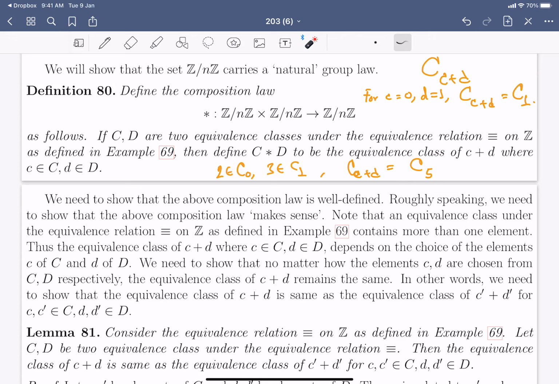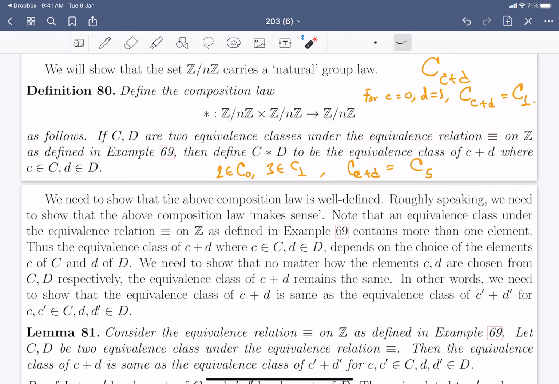And more generally, let me stick to the earlier notation. If you pick c from c0 and d from c1, you have to show that the class of c plus d is equal to c1. In other words, no matter what c and d you choose from the sets c and d, the equivalence class of c plus d will remain unchanged, okay?